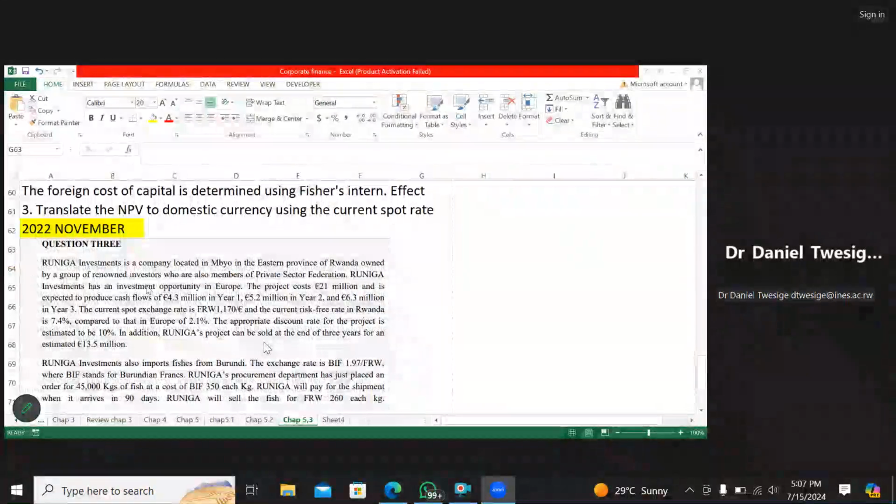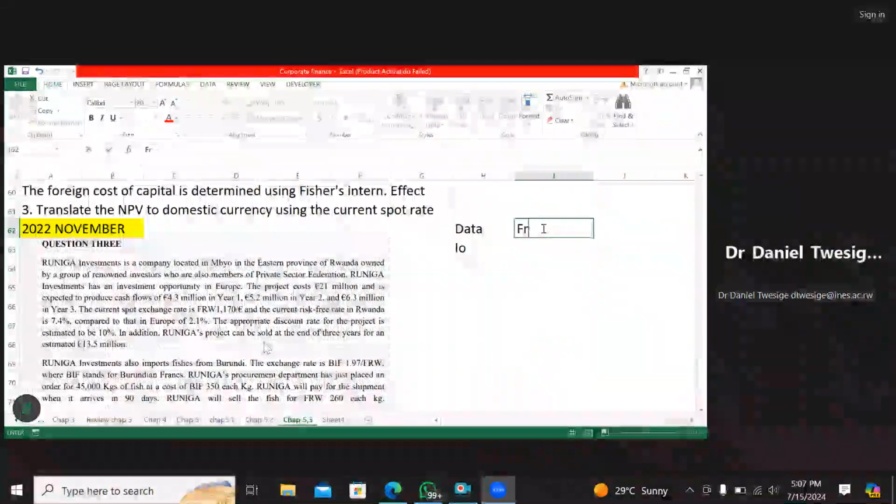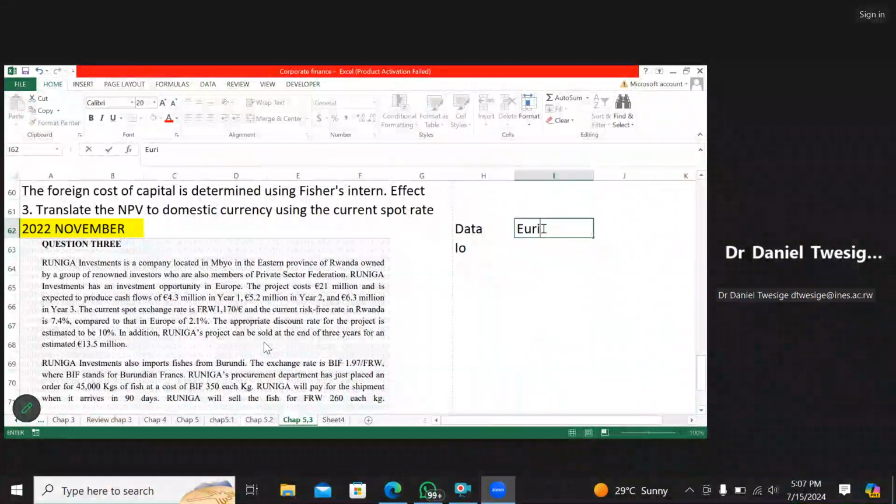Runiga Investment has an investment opportunity in Europe. The project cost, that is our IO, this is our data. It's 21 million, in euro, and we are removing 3 zeros from our data.